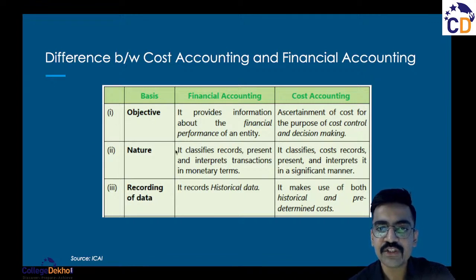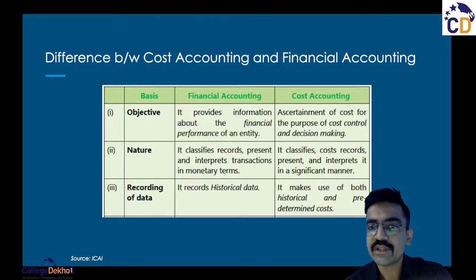Then, on the basis of nature, financial accounting classifies, records, presents and interprets transactions in monetary terms. While on the other hand, cost accounting classifies costs, records, presents and interprets them in a significant manner.